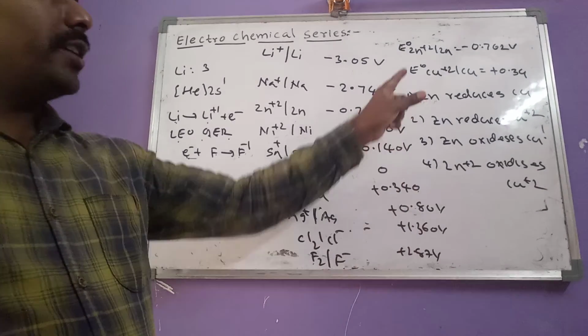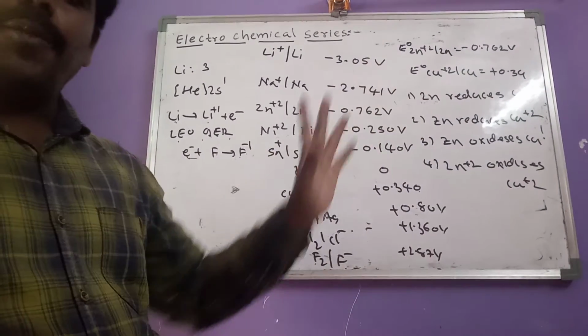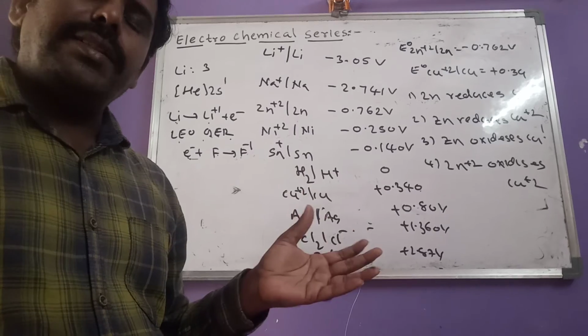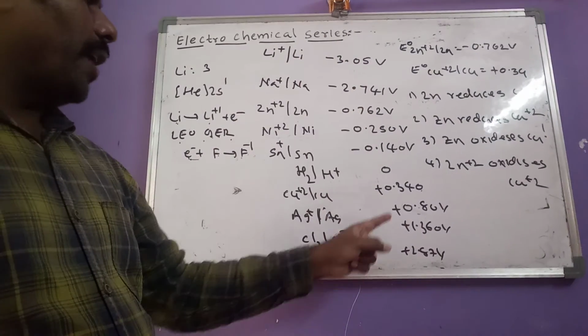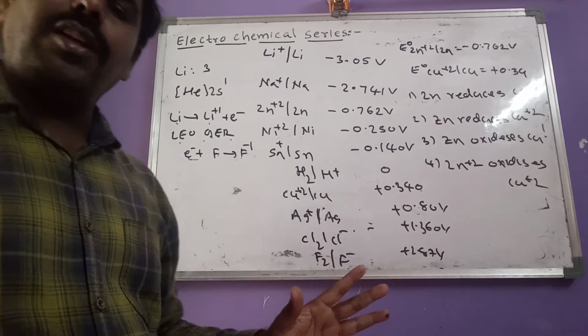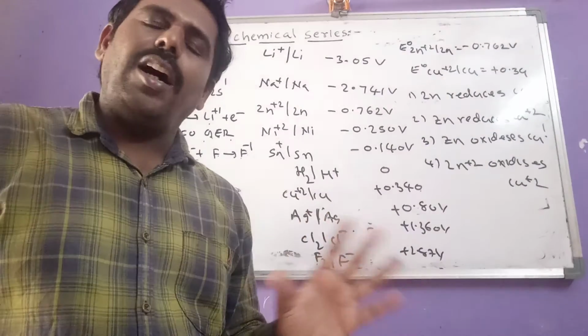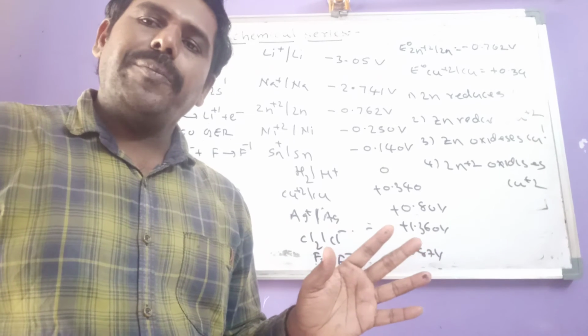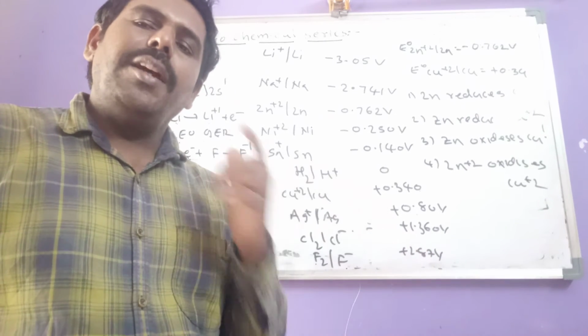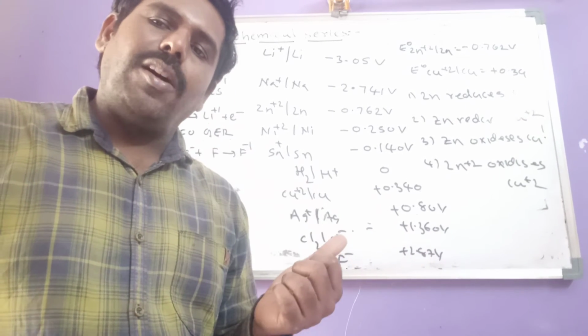But most of the students will take the first option only. Just they can say, sir, zinc is having the least E0 value, copper is having the highest E0 value, so zinc reduces copper. But that is not correct. Why is there a wrong here?